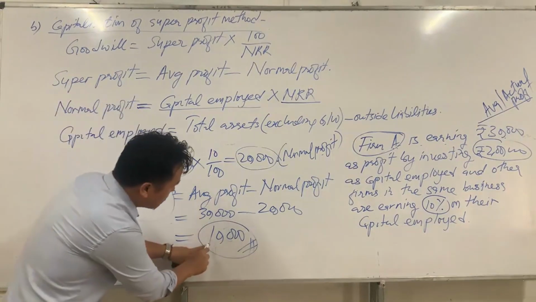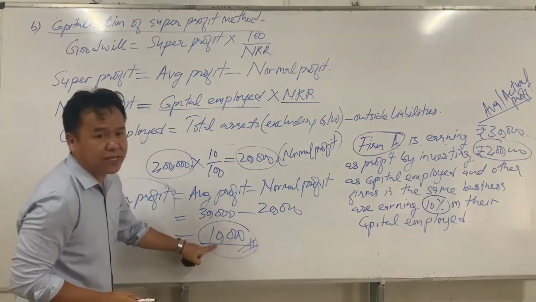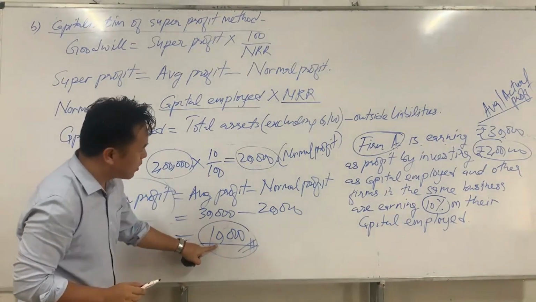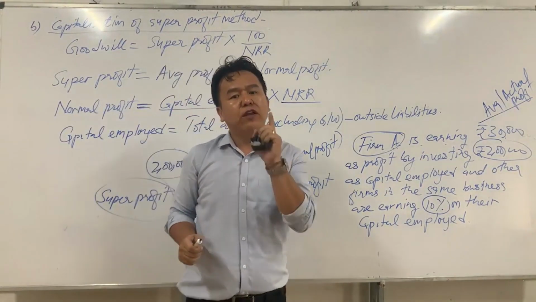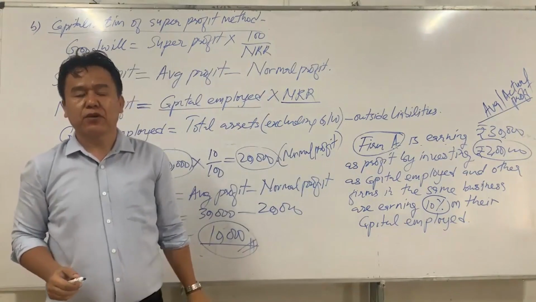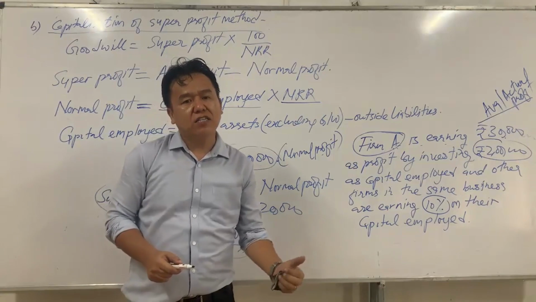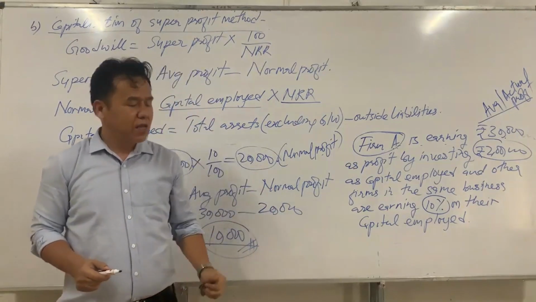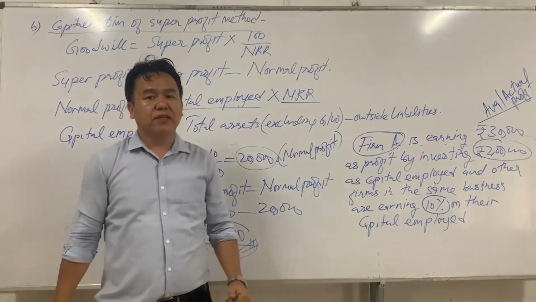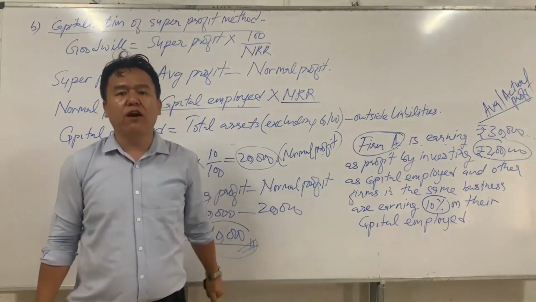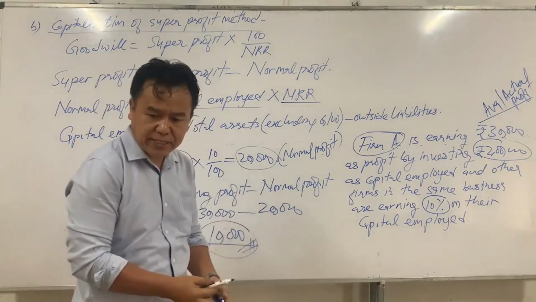No, the super profit that the firm is earning is not because of capital employed but because of goodwill of the firm. Normal profit is earned because of capital employed and super profit exists because of goodwill of the firm, isn't it?